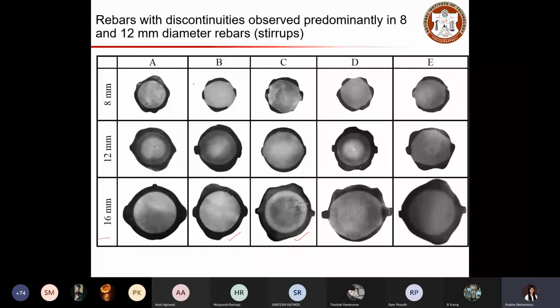And here also, some amount of extra projections, you can see it is not so uniform. This could be due to the rebar ribs passing on your rebar surface.